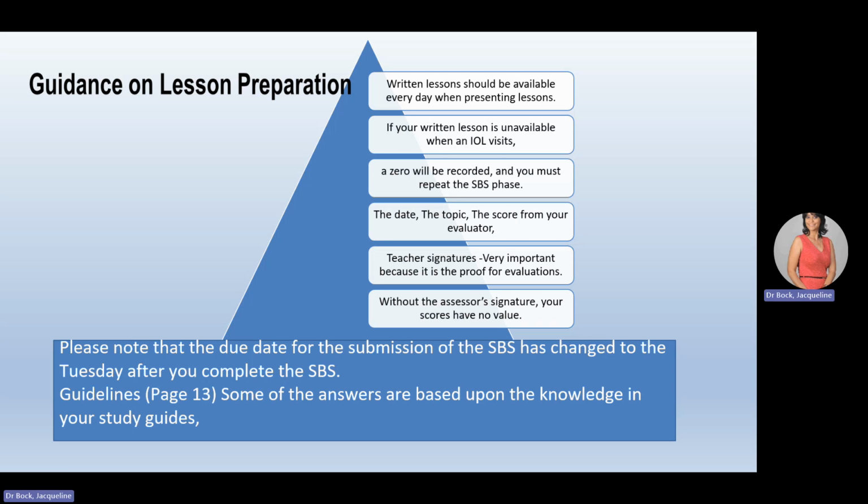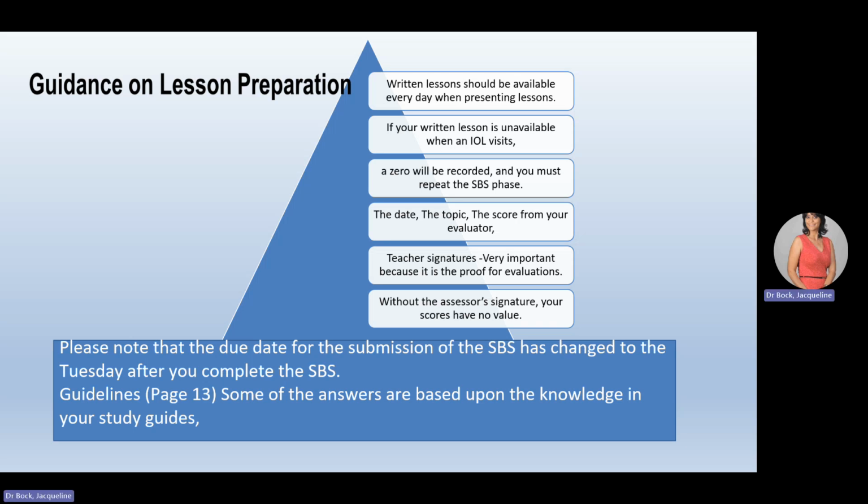Be mindful of the date, the topic, and the score from your evaluation. There needs to be a date, a topic, and the score from your evaluator. There should be a teacher's signature at all times on these evaluations, because this is proof that the evaluation was done.